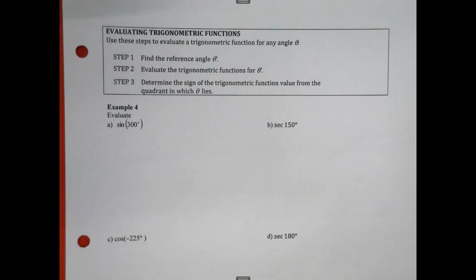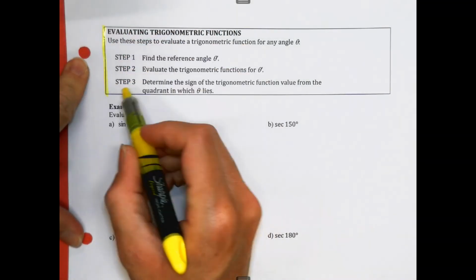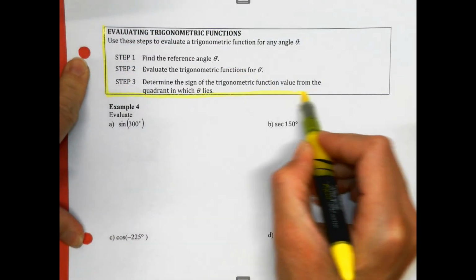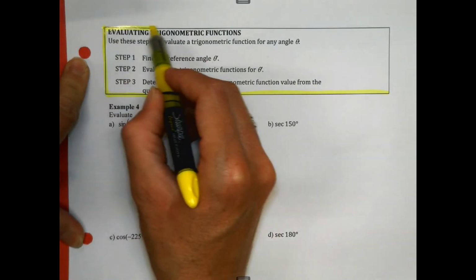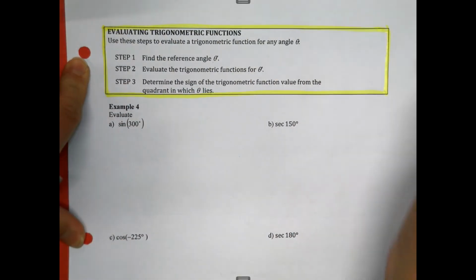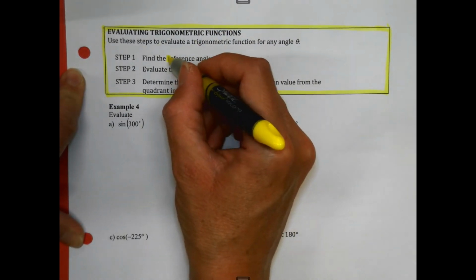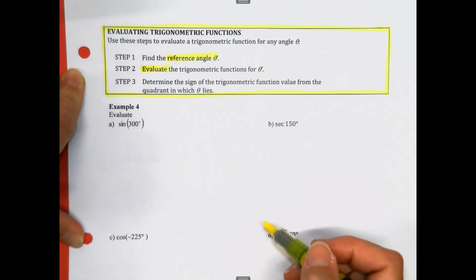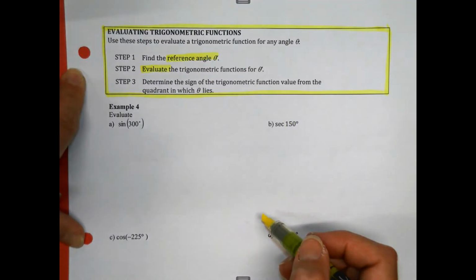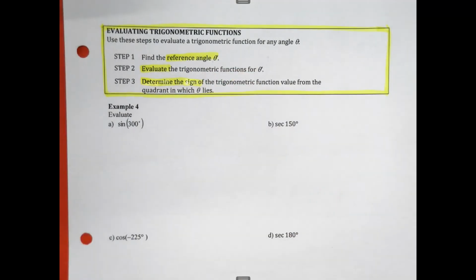When we are evaluating trigonometric functions, you use these steps. The first step is to find the reference angle, which is what we just did. Then you evaluate the trigonometric function for that reference angle, and then determine the correct sign of the trig function value based on the quadrant that it lies in.